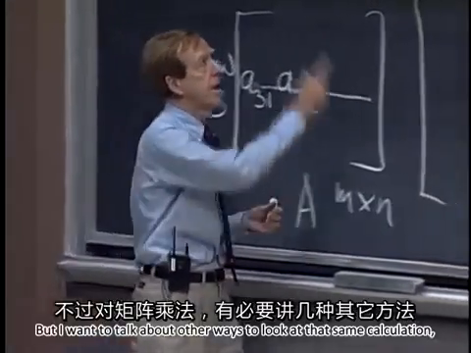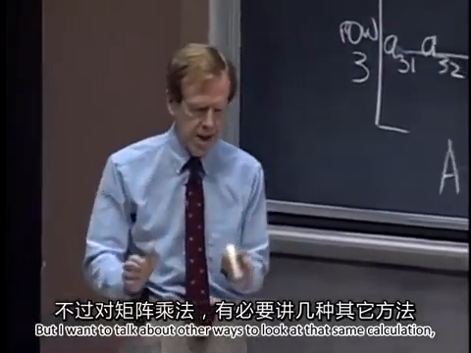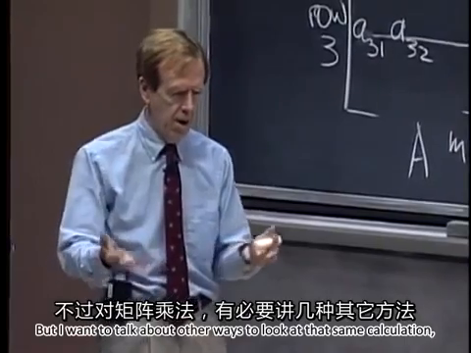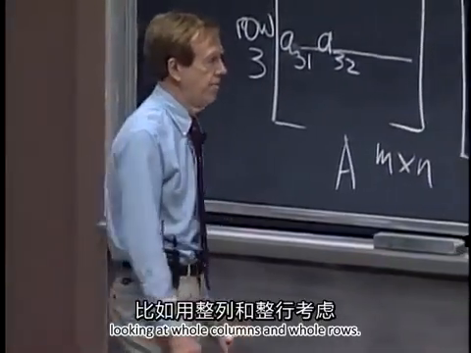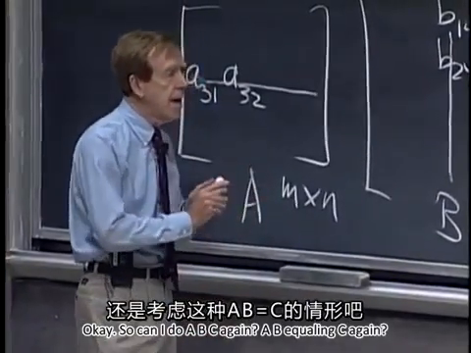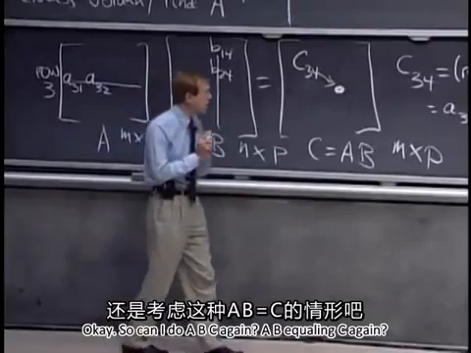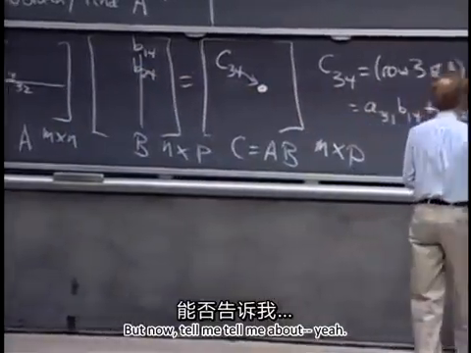But I want to talk about other ways to look at that same calculation, looking at whole columns and whole rows. Okay. So can I do A, B, C again? A, B equaling C again.